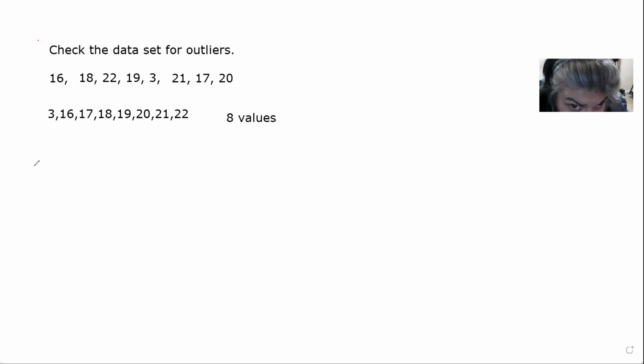So remember our formula here for the location of the median is going to be n, which is 8, plus 1 divided by 2, right?